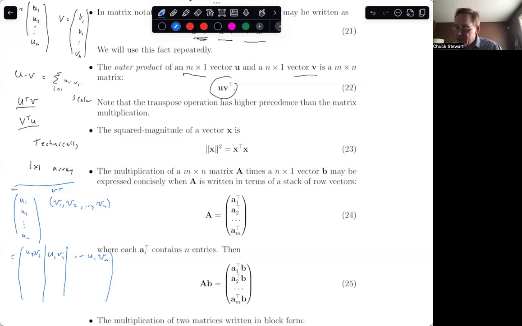And then it starts again, U2V1, U2V2, all the way up to U2Vn. And the last row is UmV1, UmV2, all the way up to UmVn. Let's see, did I get that right?